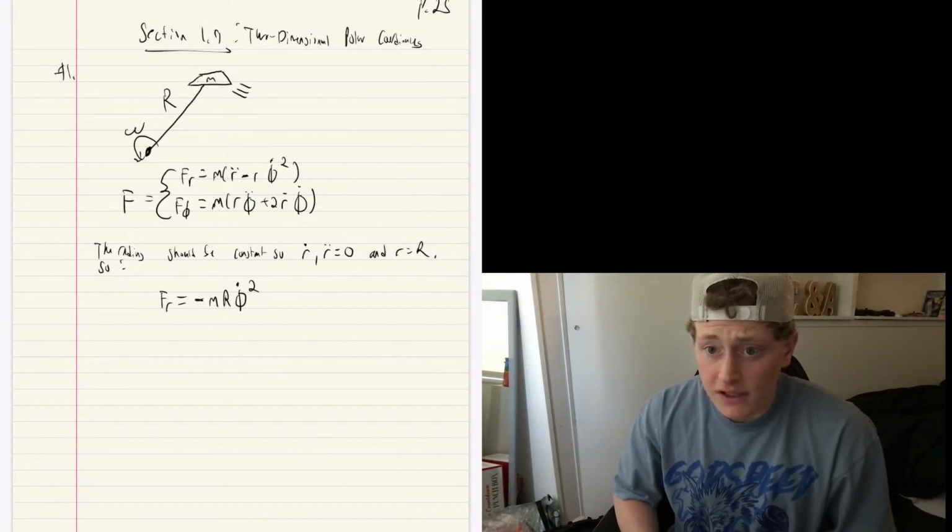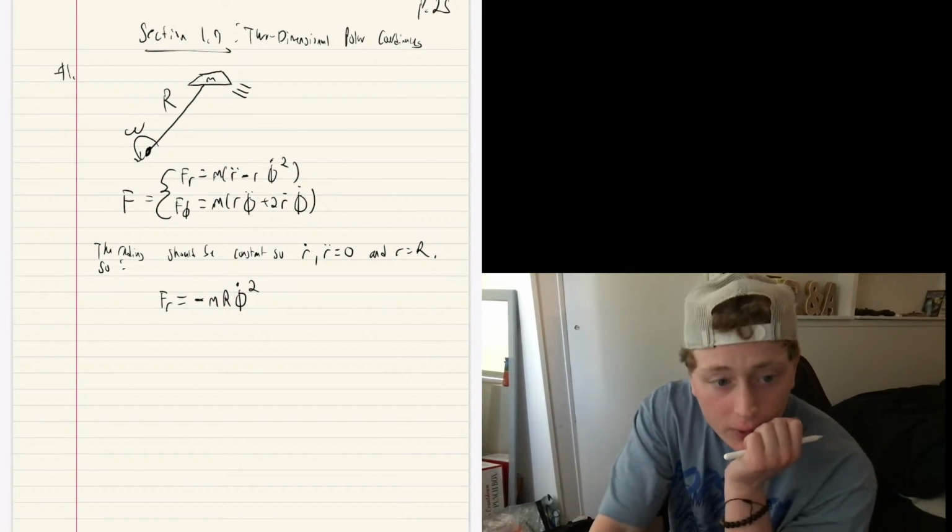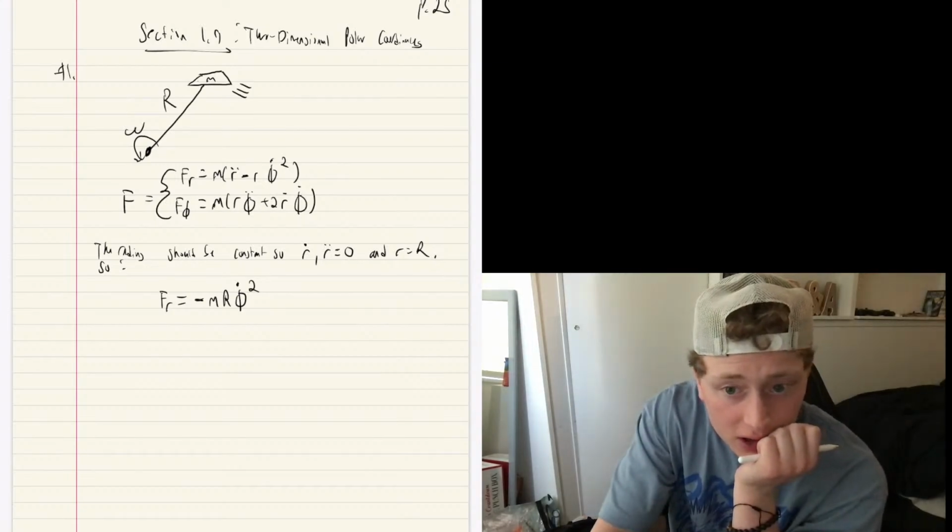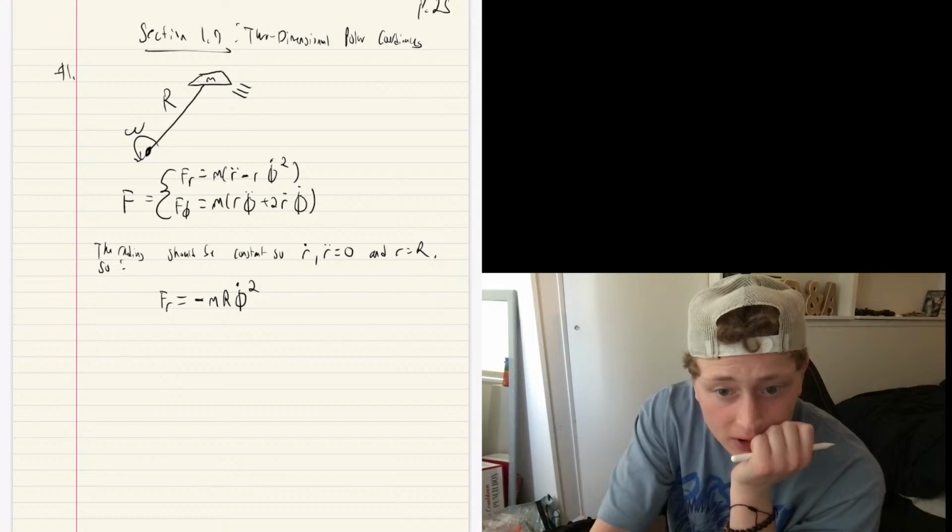The question is, how does phi change? I forget how that works. We have our angular velocity here. Something with omega, obviously. For rotating something on a string, how does this work in polar coordinates?